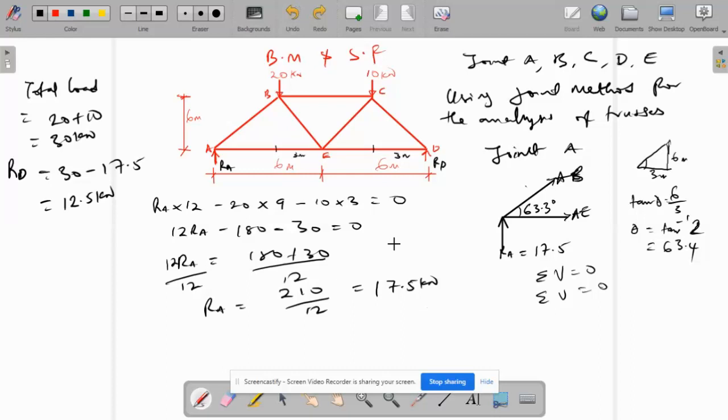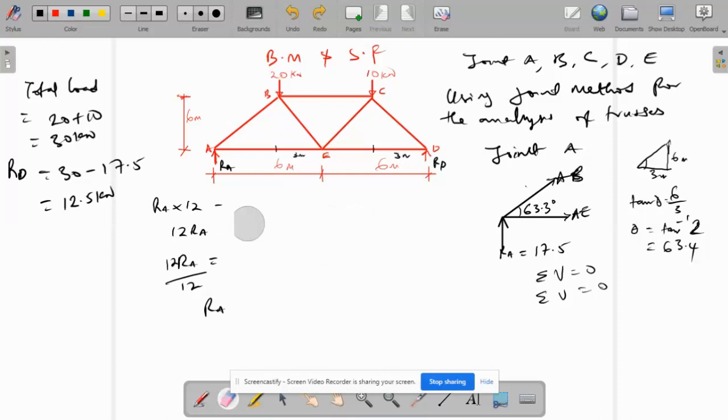So let us wipe this to have enough working space. So what we have here is summation of vertical forces equal to 0. So what are the vertical forces?